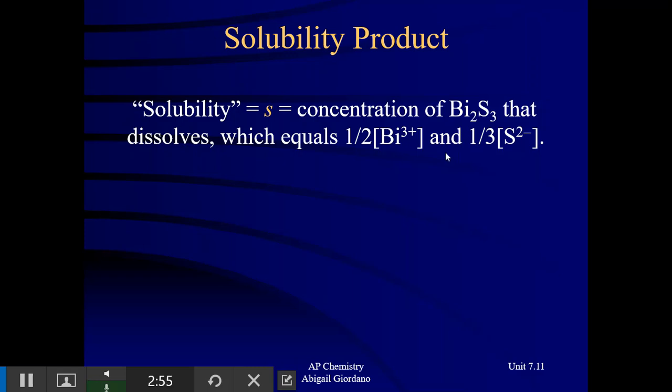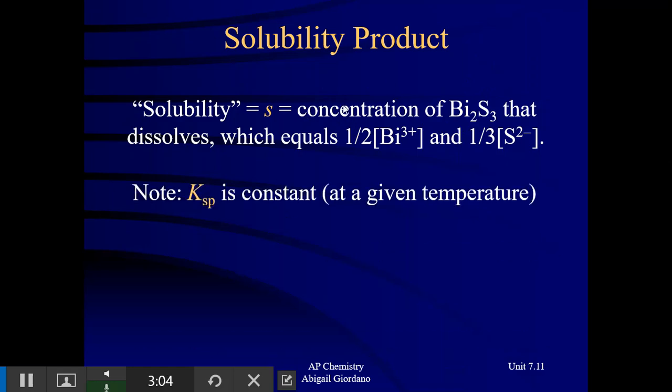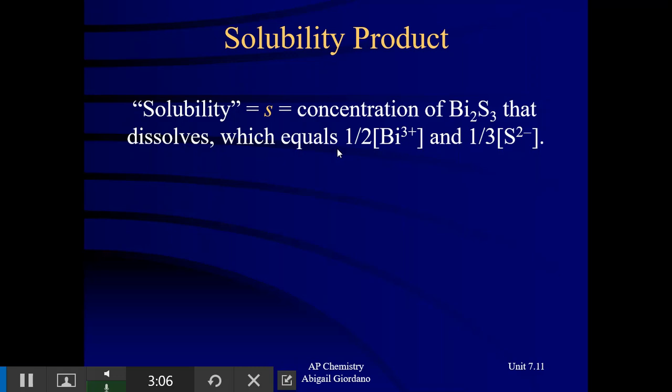So in that example from the previous slide, bismuth sulfide. And notice the word concentration is there. Concentration, molarity. Solubility, which you'll be asked to solve for sometimes, has the same units as molarity.